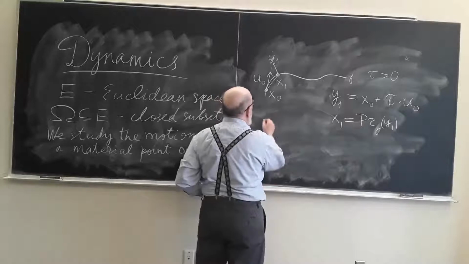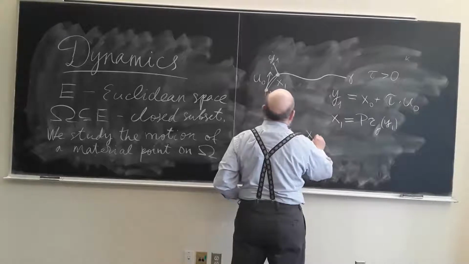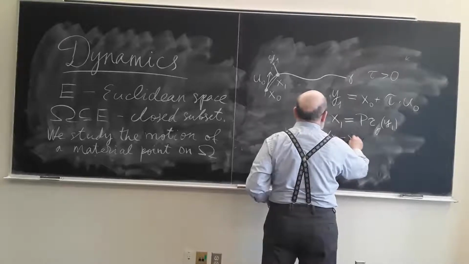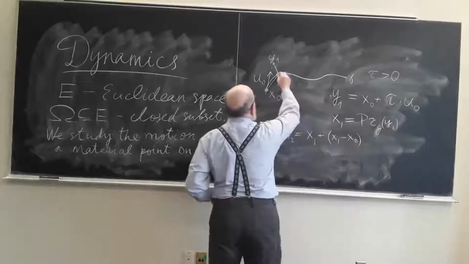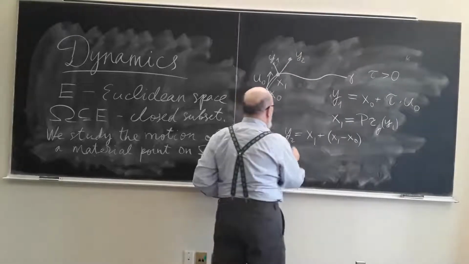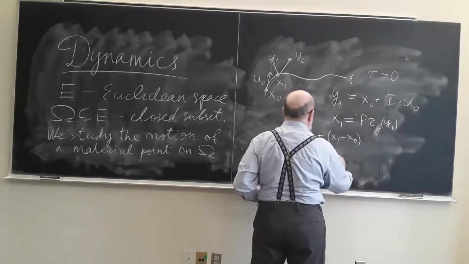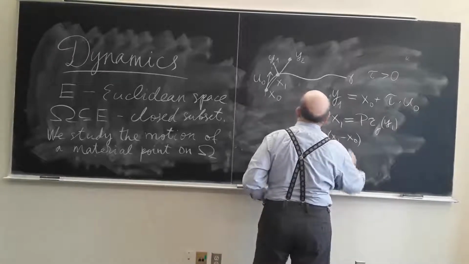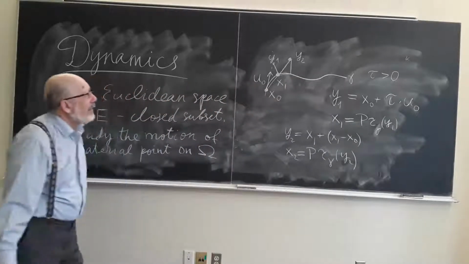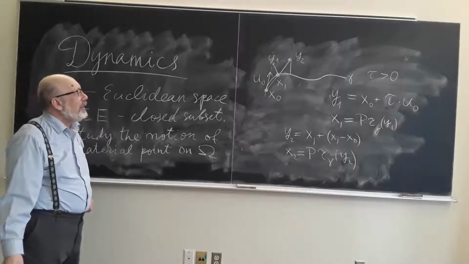So we write y2 equals x1 plus x1 minus x0. Yeah? It is y2. x2 equals the projection on gamma of y2, the closest point. Here I take too large steps, so it doesn't look very close.